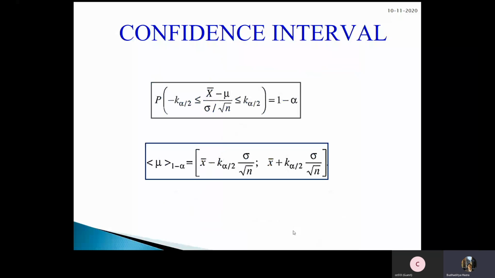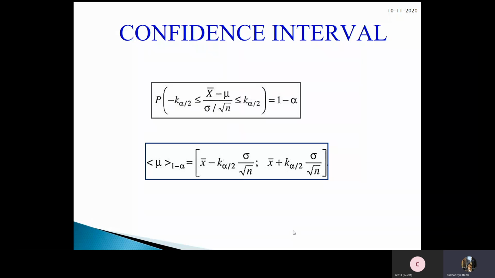So assuming, as I said, that the sample mean is normally distributed with parameters mu and sigma by square root of n, we do the standard normal transformation. That is, we subtract the mean: x minus mu by sigma.